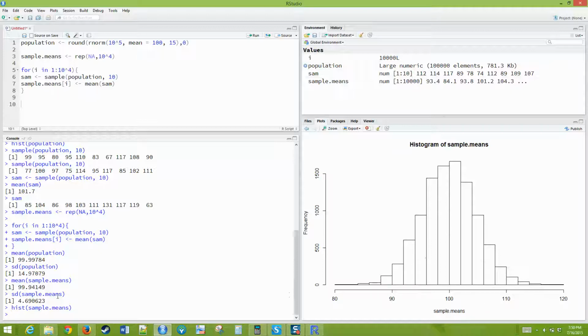So what's going on here, okay? Well, when we looked at the population individually, we just have individual IQ scores, okay? Someone has an IQ score of 112, 114, 117, things like that. For sample means, each number is the mean of 10 different numbers, okay?